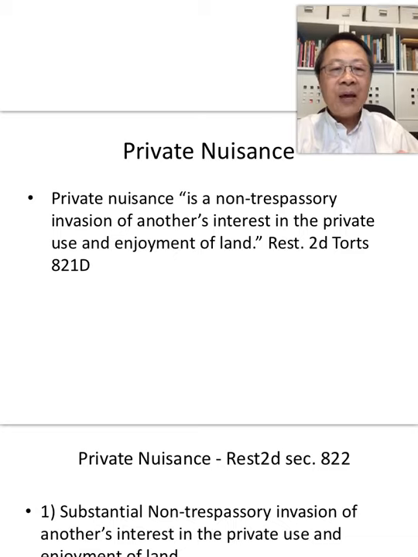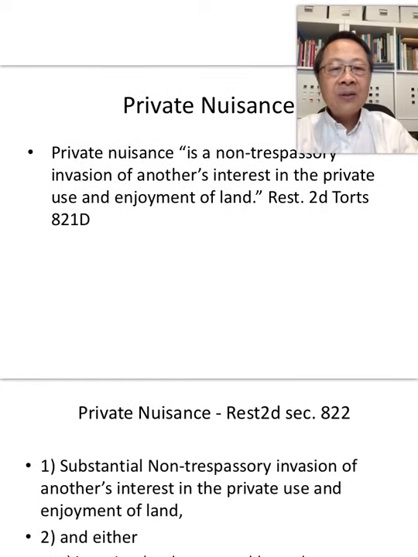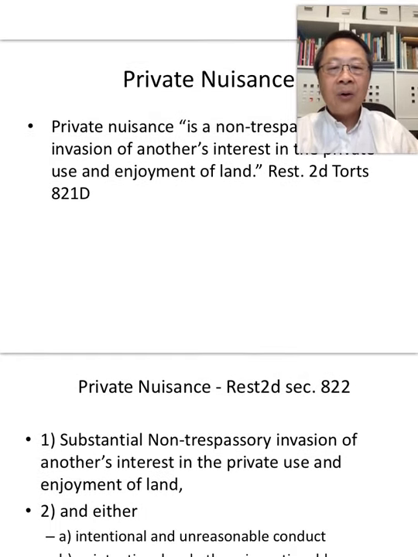So trespass violates the right of the property owner to exclude other people and other things, whereas private nuisance violates the right of the property owner to their use and enjoyment of the land.